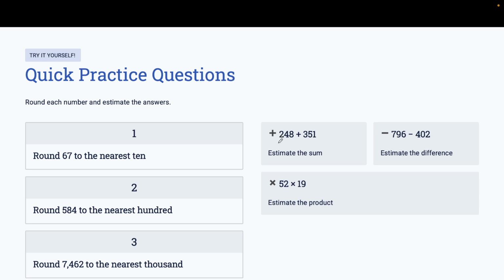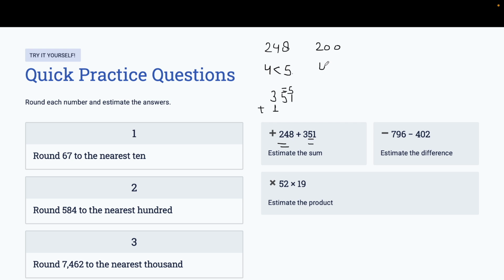It's 248 and 351. 248 rounded to the nearest 100 becomes 200, because 4 is less than 5. Clear? And 351, when we round to the nearest 100, 5 is equal to 5, it means we have to add 1 to 3.